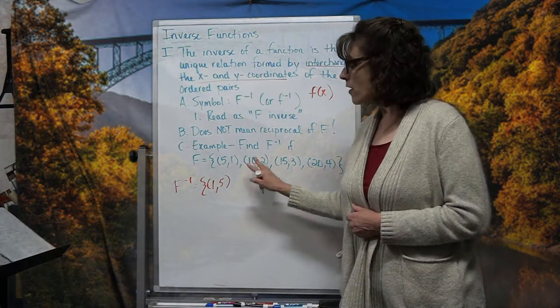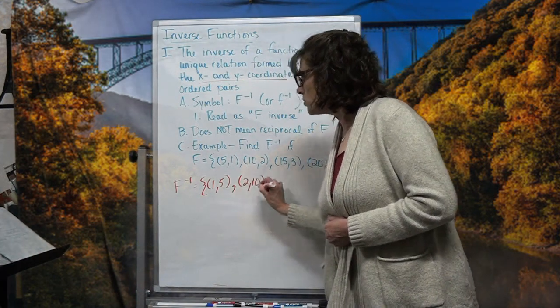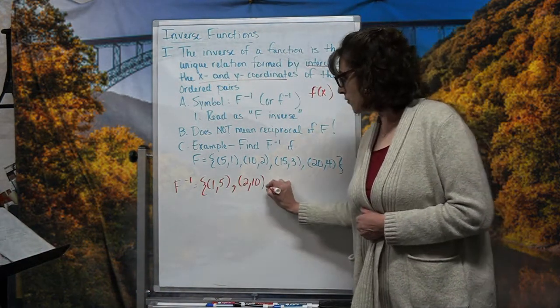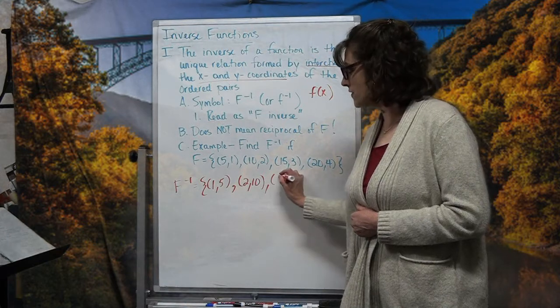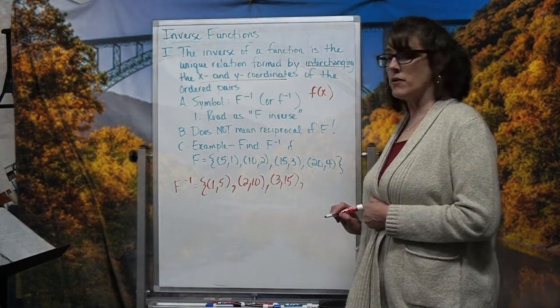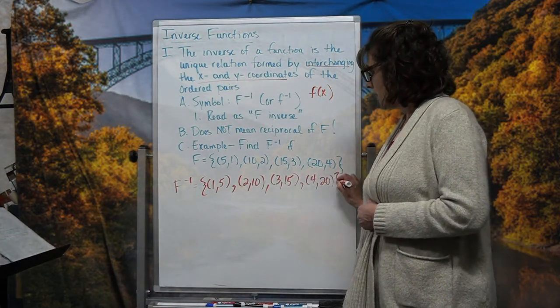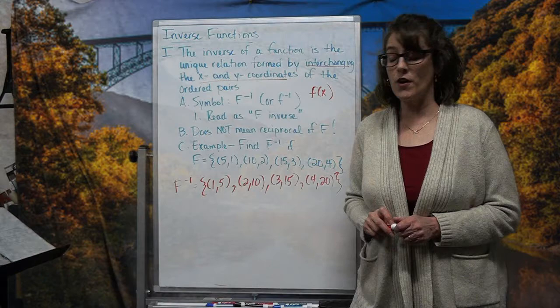Instead of 10, 2, it becomes 2, 10. Instead of 15, 3, it becomes 3, 15. And flip the ordered pair on this last one: instead of 24, it becomes 4, 20. And there is my inverse function.